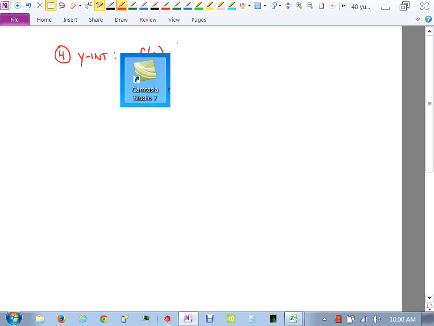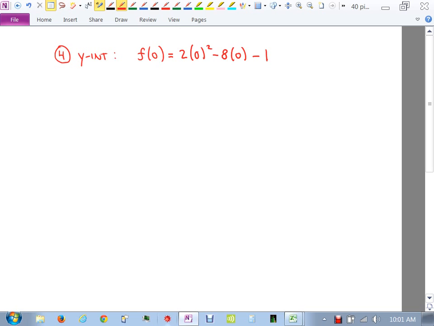And this actually turns out to be better than it is with standard form. It's really easy to plug 0 into a non-standard form function. 0 squared minus 8 times 0 minus 1. That's exactly right.